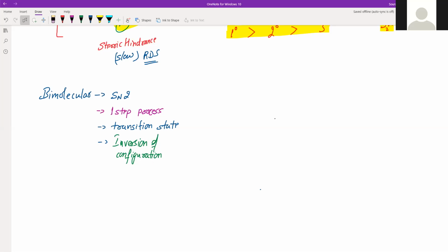Before that, let us see one more thing. Whether it is SN2 or SN1, there is another factor which governs it, and that is called steric hindrance.